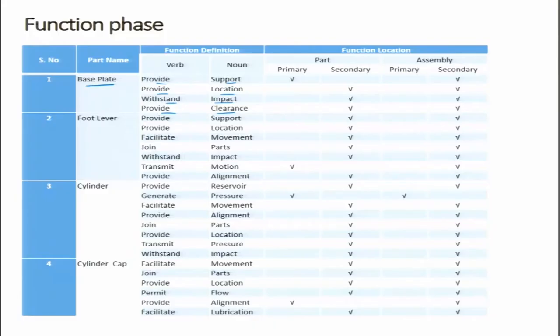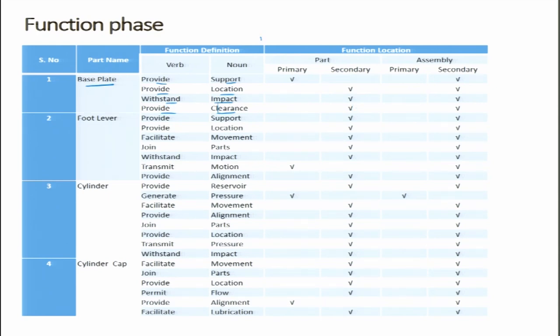That primary function can be the primary function for the whole assembly, for the whole product we are talking about, or it may not be part of the assembly but be there for the component only. So, the base plate has provide support as the primary function, and provide location, withstand impact, provide clearance as the secondary functions.